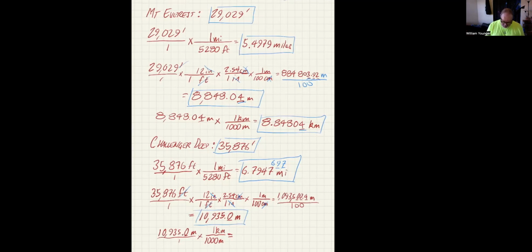So this fraction is actually 1. Again, if you're rusty on your unit conversions, do check out my video, unit conversions, multiplicative. So in this case, we're going to get 10.935 0 kilometers. Again, the underscore meaning that that is not a sig fig. But if you want to use an extra sig fig for calculations, that would be just fine.